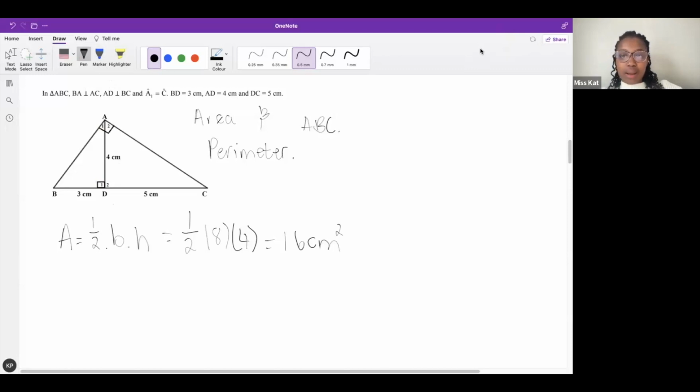Which sides are missing? We need AC and we need AB. Thanks, Omolemo. So we need AC and AB, but we cannot use the big triangle to find them, right? Because it only has one side.